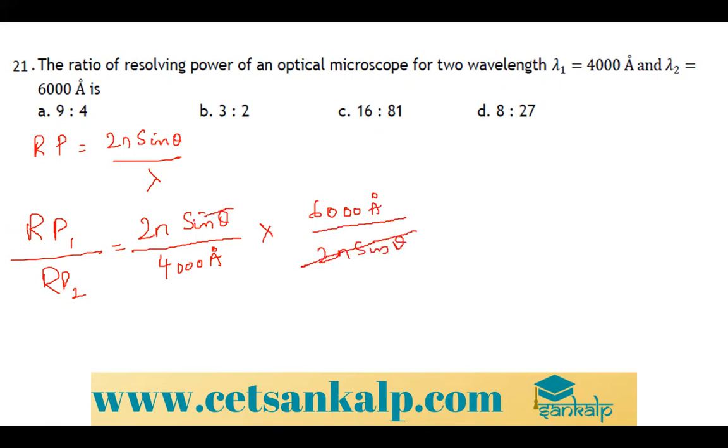So this and this get cancelled. Angstrom, 3 zeros. So 3 twos are... 2 twos are... So your answer will be 3 by 2. So 3 is to 2 is the answer. Clear? Right.